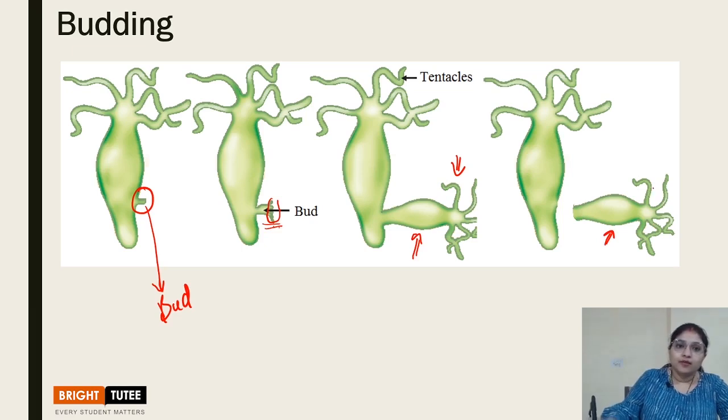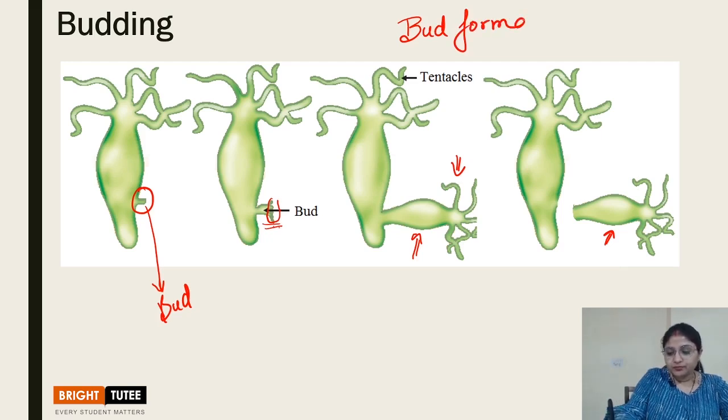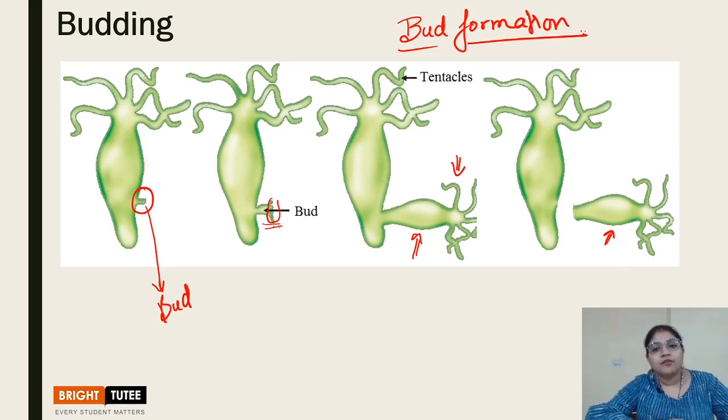This kind of process where the reproduction takes place because of the bud formation is known as budding, right? So the process where you will find the formation of bud, and it is as you can see happening with the help of a single parent. There is no other parent involved in this case.